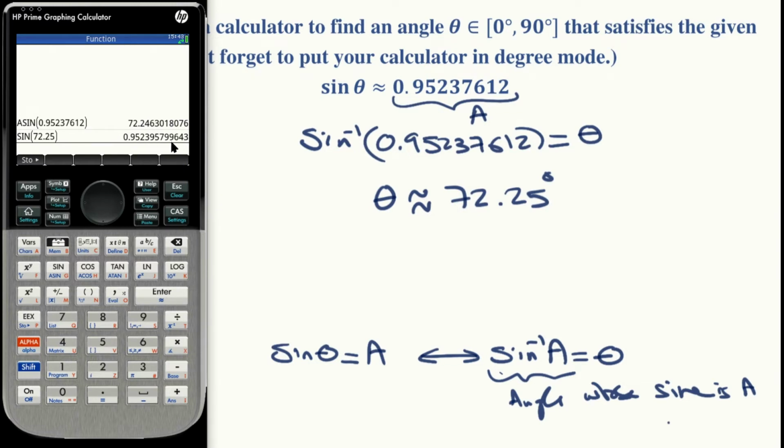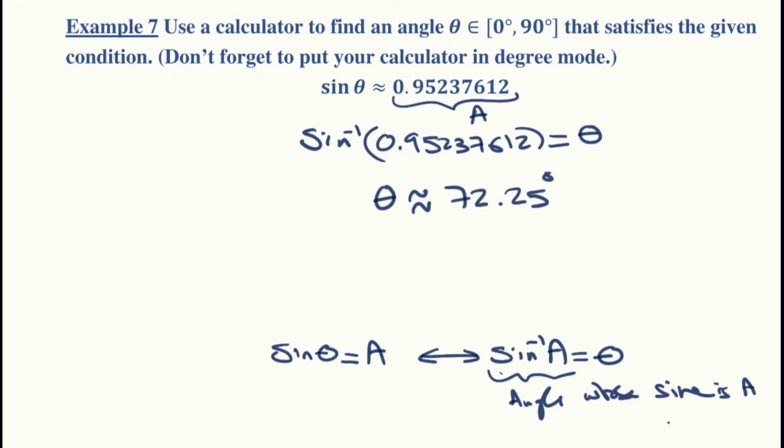It's not exactly the same. Why? Because we rounded. The more of those digits that I use, the closer I will get to that number that we started with. But just to get you to understand what exactly we're doing here, that's a really good demonstration of what we did to obtain that result.